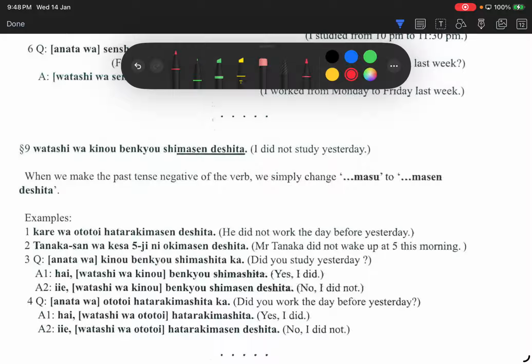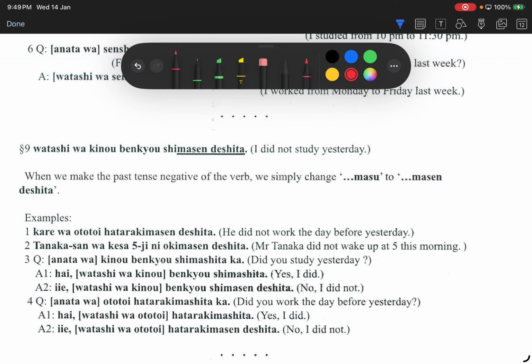So in this case, when we change the ます to ません, we call it a conjugation. That means we combine it with a different ending. So ません is a negative conjugation. ました is the past tense conjugation. But because there is a negative conjugation, we need to put it into past tense. But we cannot change it to a past tense conjugation, so we just put in でした. Otherwise, it's supposed to be です.